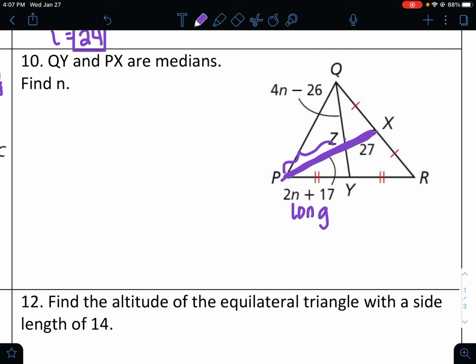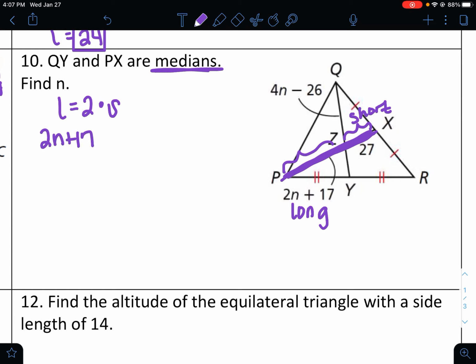And it also gives me the short, which is the 27. And again, this is a medians problem, so that's why I'm using long and short. Okay, so we know that L equals 2S, or 2 times S. So the long side equals 2 times the short side.